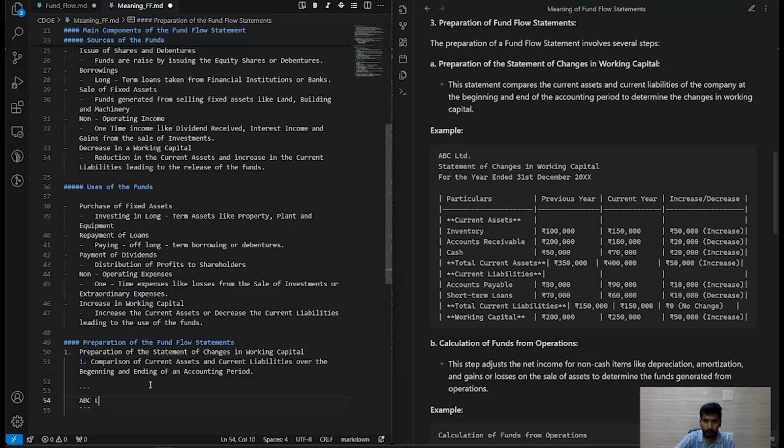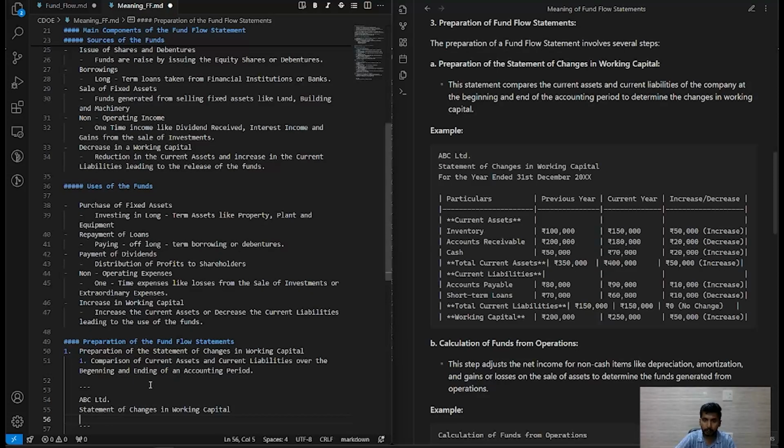We should name it ABC Limited and statement of changes in the working capital for the year ended 31st March. Let us suppose we are talking about 2024.